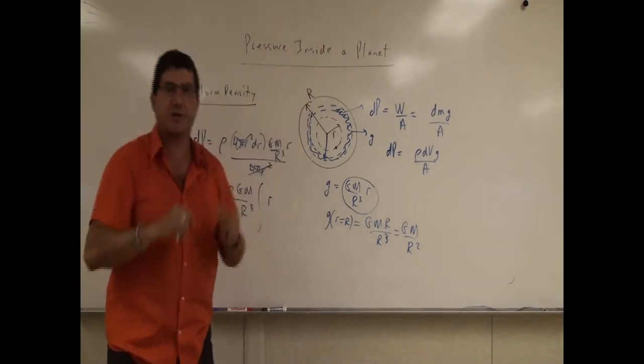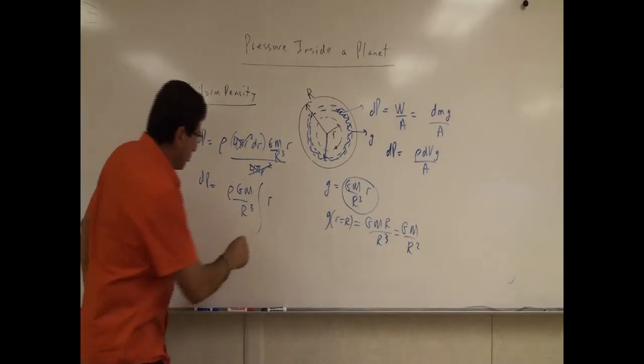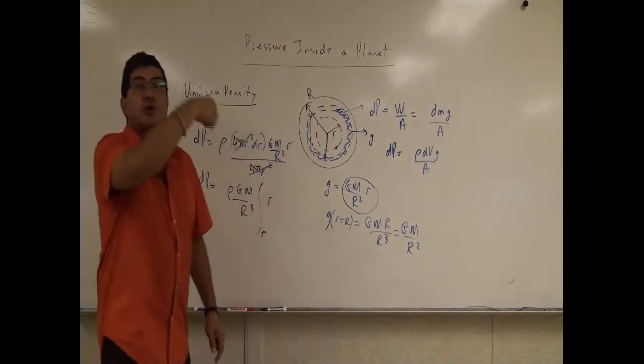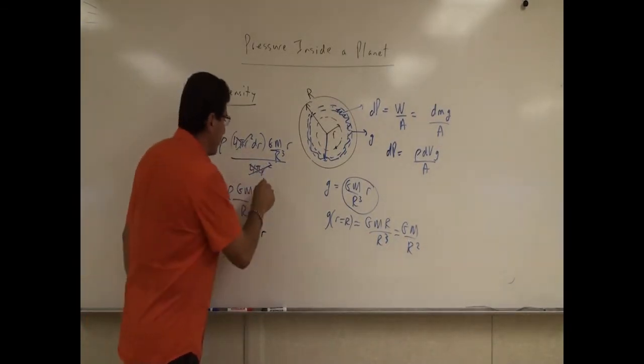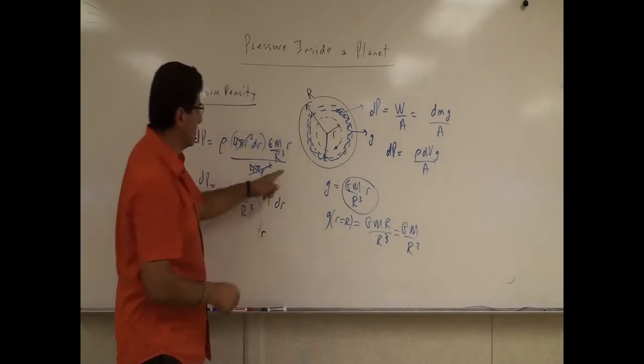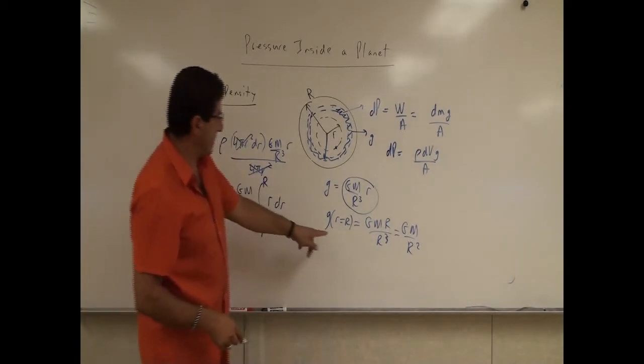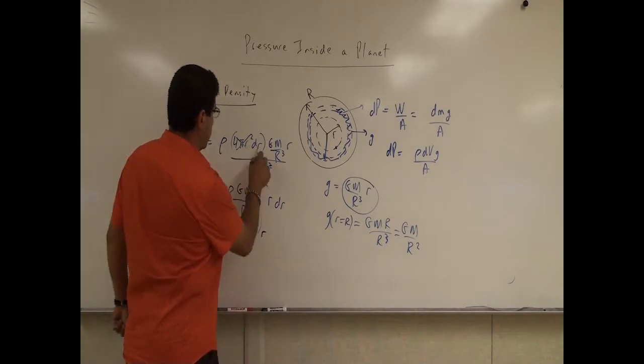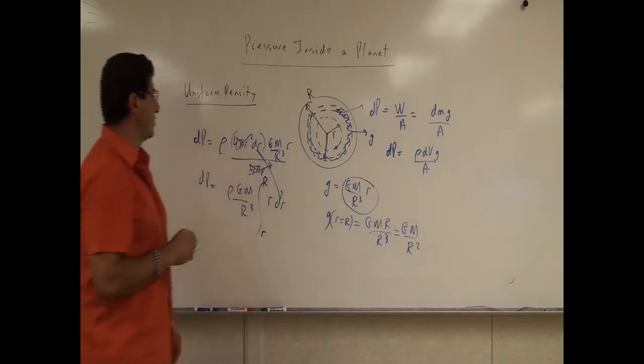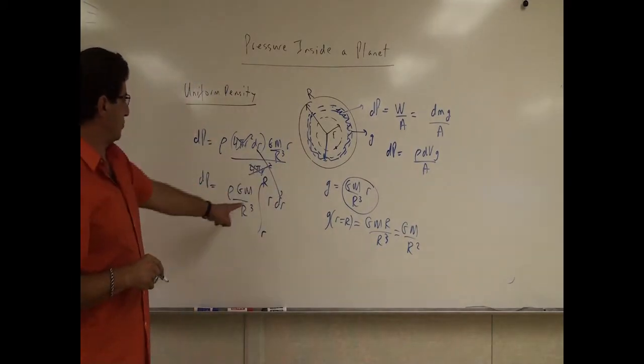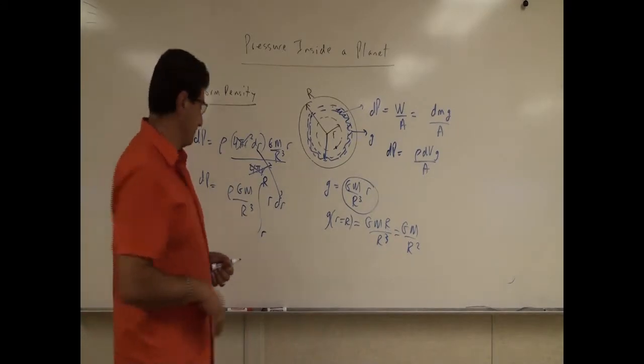All of that pressure is pressing down. So we're integrating all the way from the little r to the radius of the planet, right? And then you have here r, and then you have here dr, right? dr comes from the volume of a spherical shell. So then we can integrate that.